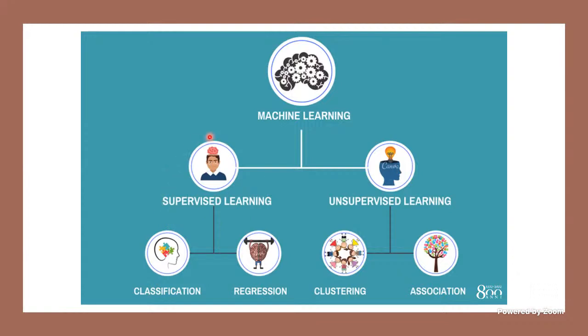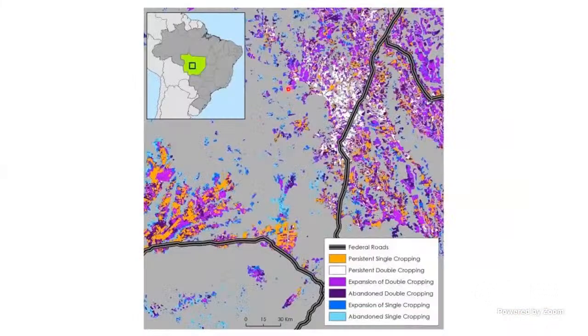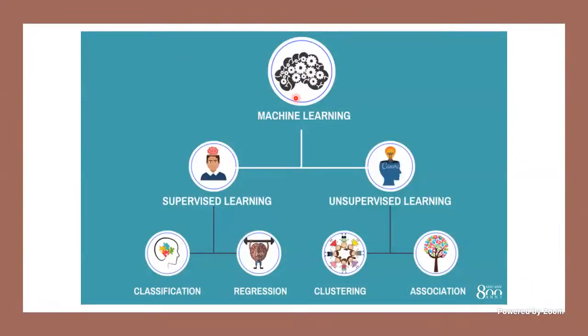There are many types of machine learning, like supervised learning and unsupervised learning, and subtypes like classification, regression, clustering, and association. Classification is when you classify some parts of the map that we have, for example, like this one. Regression is basically the linear equation that we have between two variables or more.